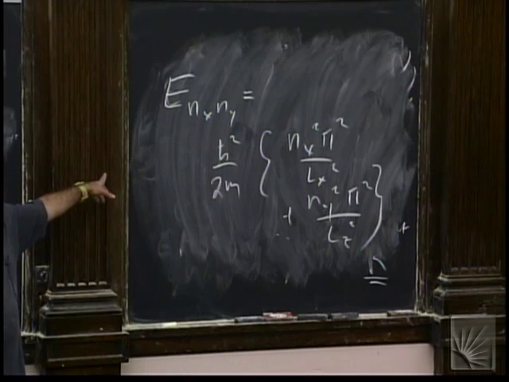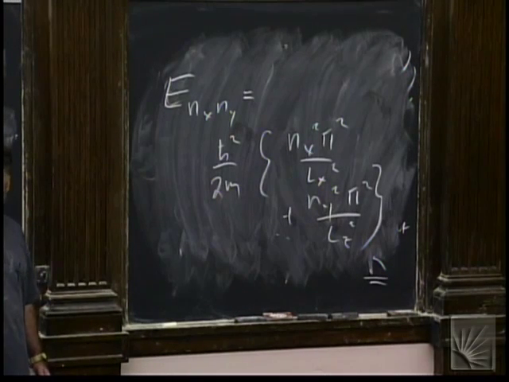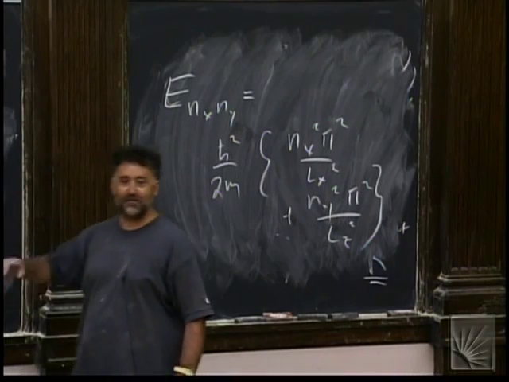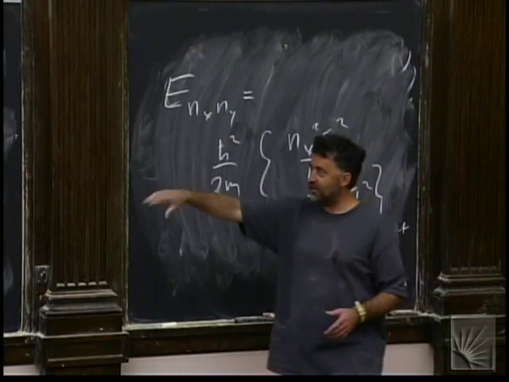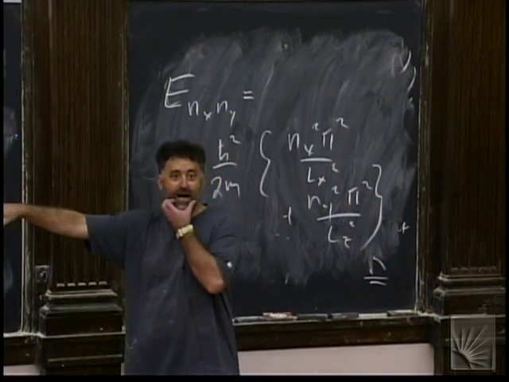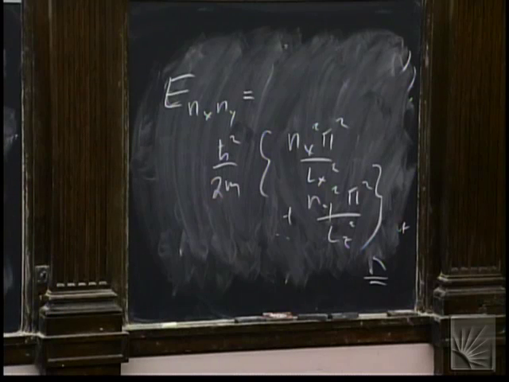It would be root 2 by L times a product of sines, right? You'd have the sine in the x direction, the sinusoidal in the y direction, and some normalization factor out in front, which would look exactly like the one that we have. It's basically just this root 2 by L kind of thing to the appropriate number of dimensions.